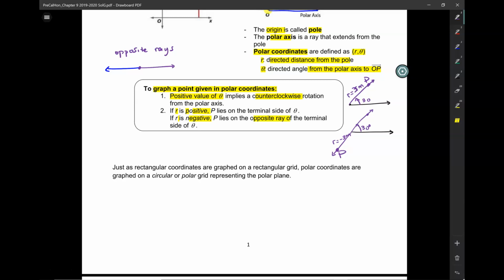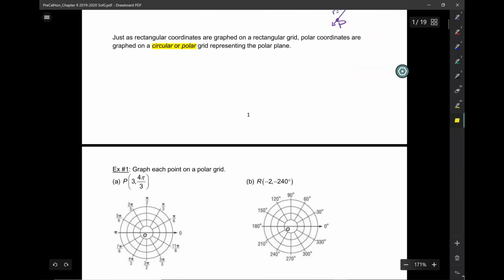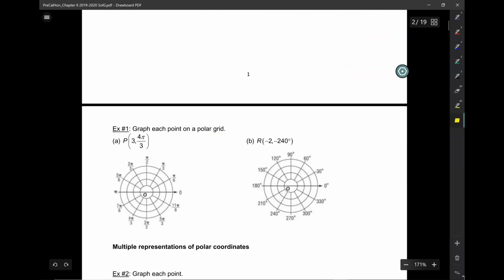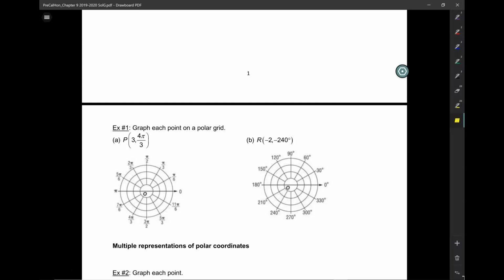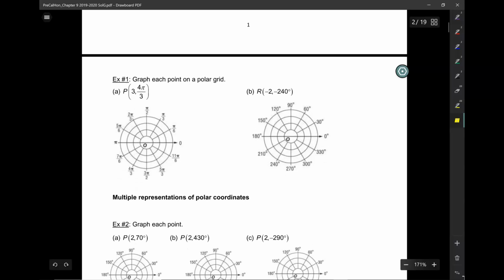Okay. Just as rectangular coordinates are graphed on a rectangular grid, polar coordinates are graphed on a circular or polar grid, which looks like this. I will give you a version of them to use. The origin is at the center here.